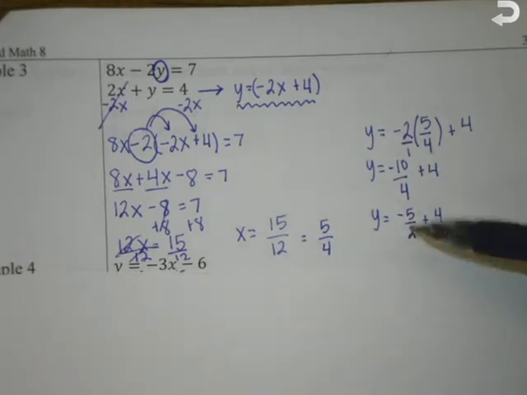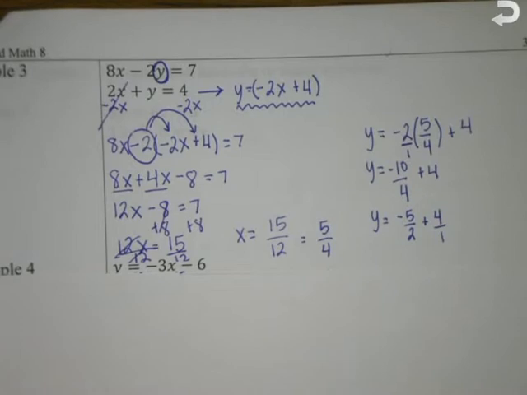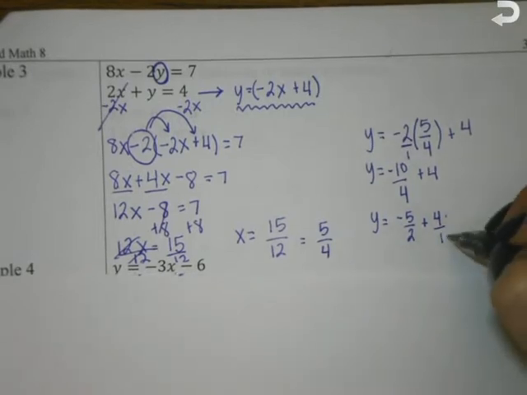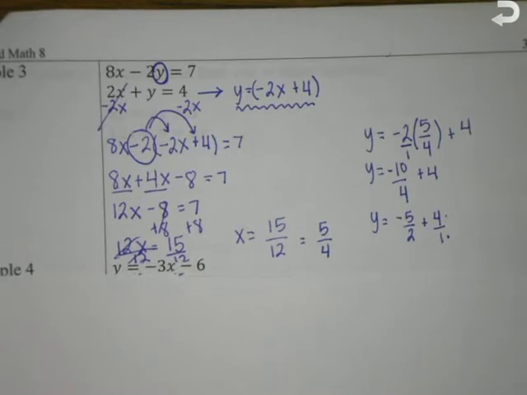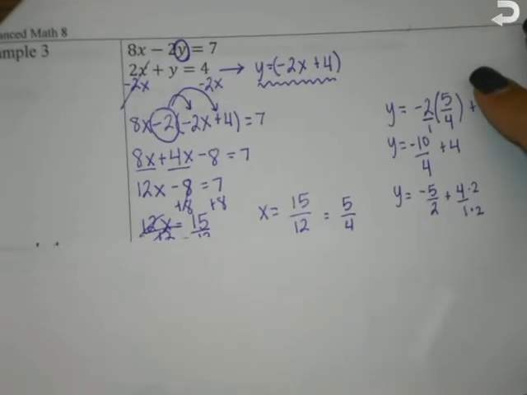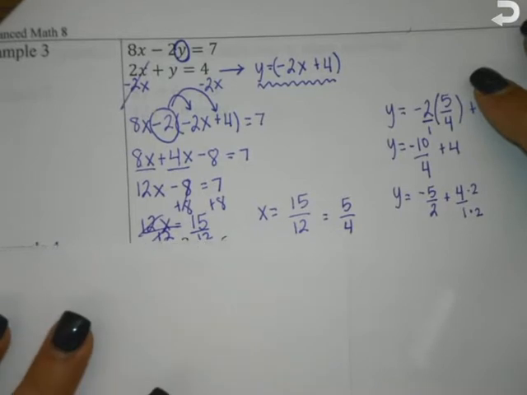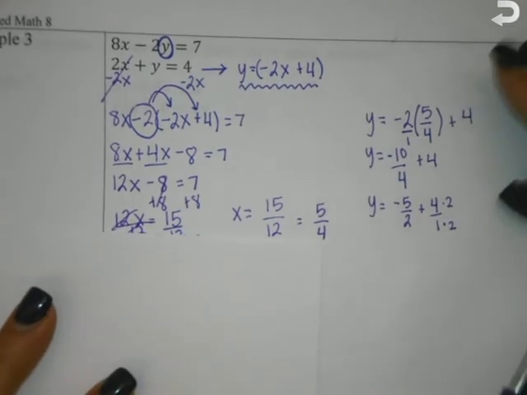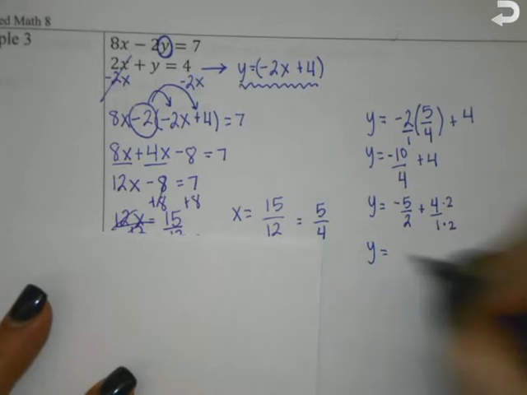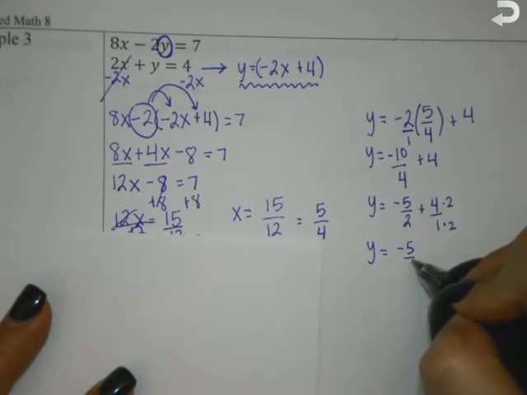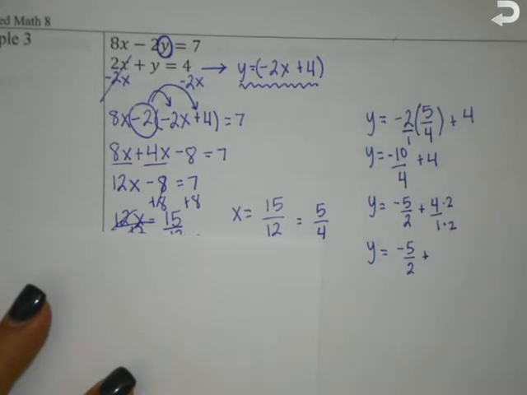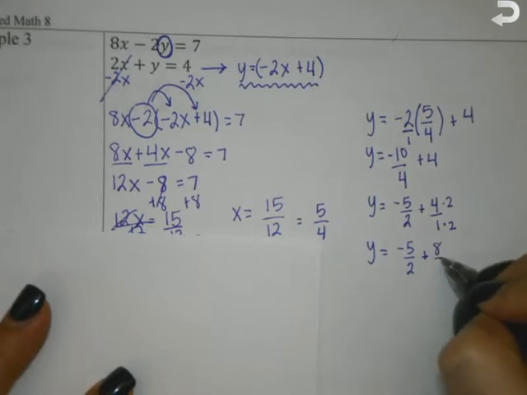And what do I need to do in order to add negative 5 over 2 and 4? Put a 1 under 4 and multiply by what? What would my common denominator be? 2. So this is going to be, I'm running out of room here, y equals negative 5 over 2 plus what, guys? 8 over 2.